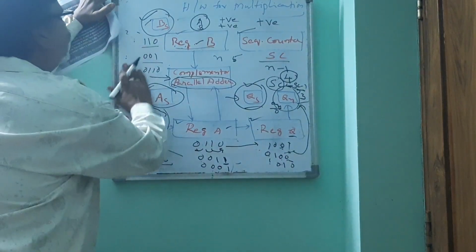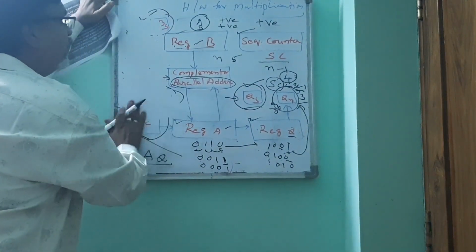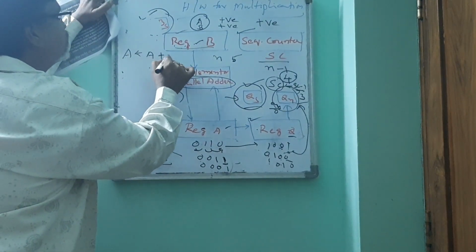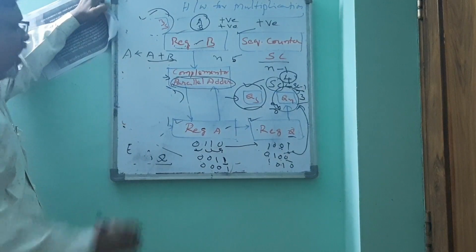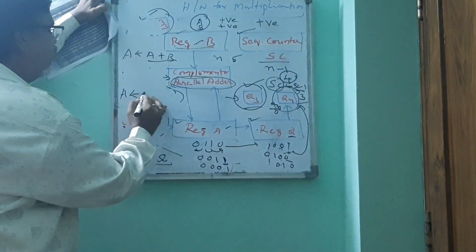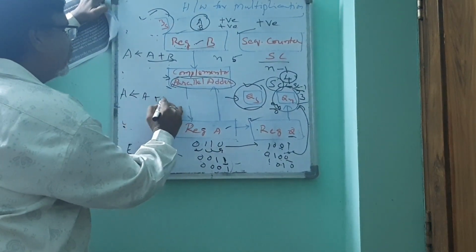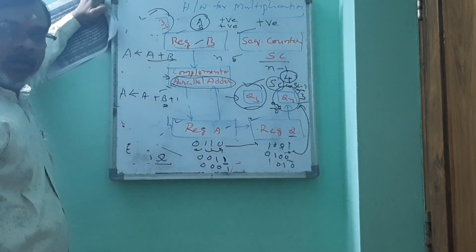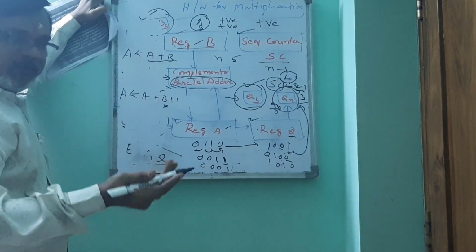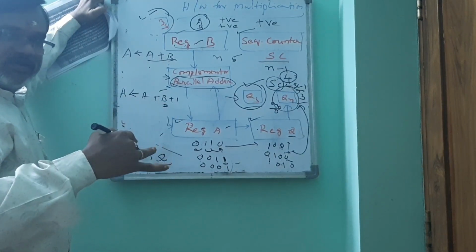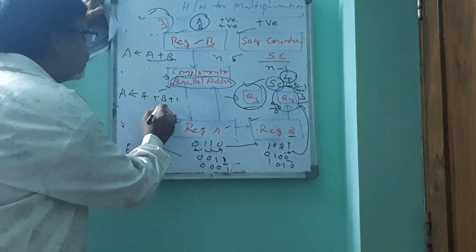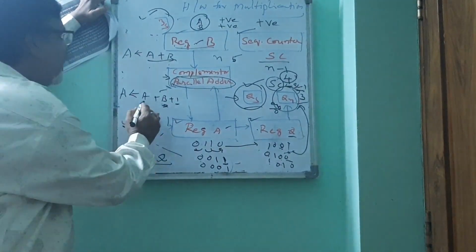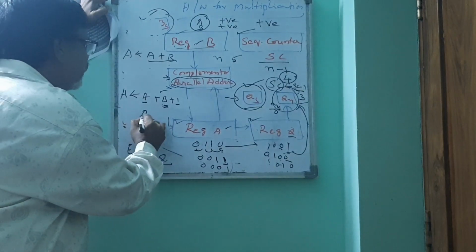See how it is done in this hardware complementer and parallel adder. A will be A plus B if both are positive. Otherwise A will be A plus B bar plus 1. Here B bar means 1's complement, the interchanging of zeros and ones. For 1's complement, if we add 1, it becomes 2's complement. So then we add.